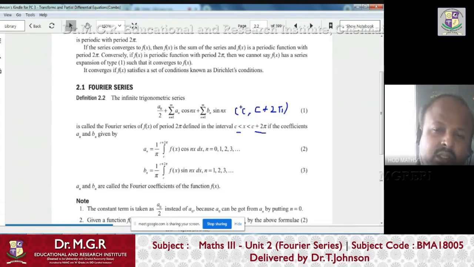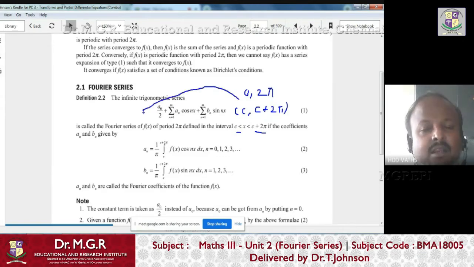C may be 0, in which case the interval is 0 comma 2 pi, or C may have some other value. In that interval the function f of x is defined, and now you are able to write the function in terms of sines and cosines. This is the Fourier series representation for periodic functions. Now, two things you may ask: sir, whether it is possible for all periodic functions.